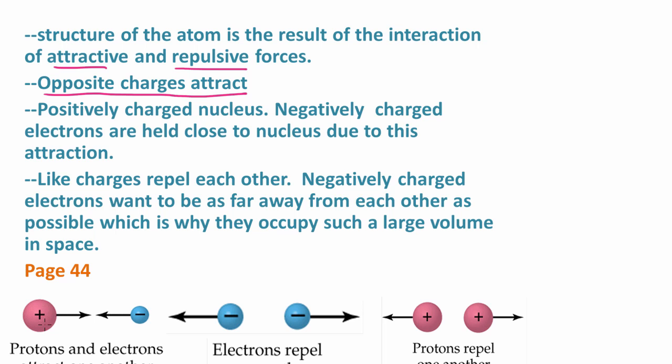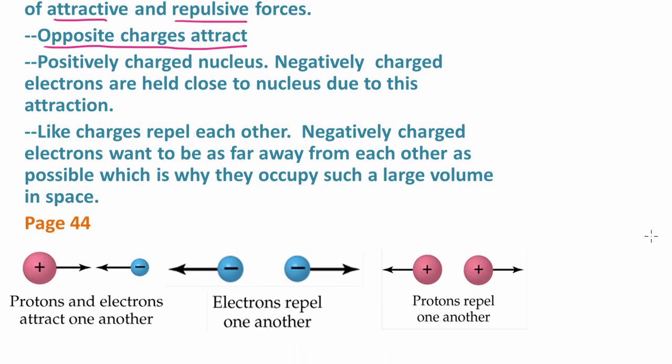So let's think about it. We have a positively charged nucleus, and we have negatively charged electrons. Those negatively charged electrons are attracted to that positively charged nucleus, and that's why the electrons stay close to the nucleus, because of that attraction.